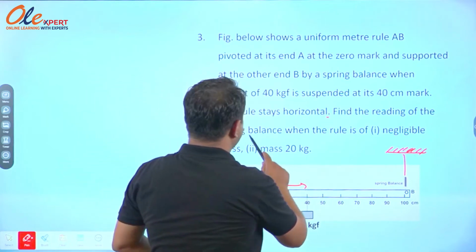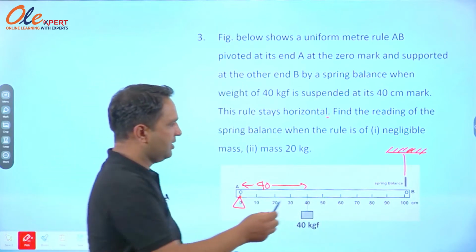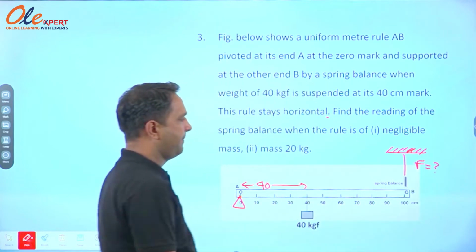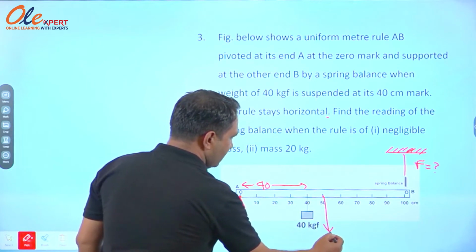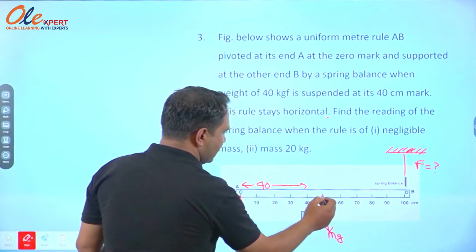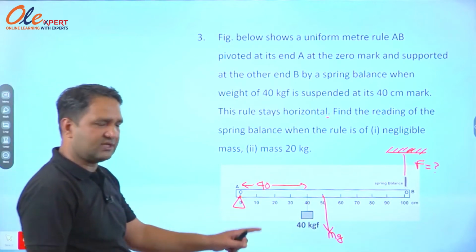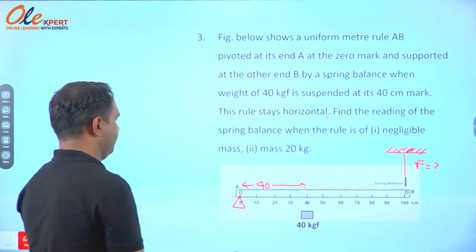Find the reading of the spring balance. How much will this force F be? So we have to ignore its mass. The mass would lie at the center, the 50 centimeter mark, but in the first case we will ignore it.